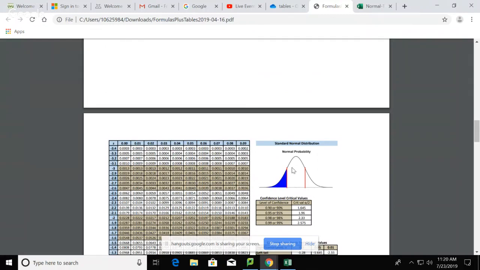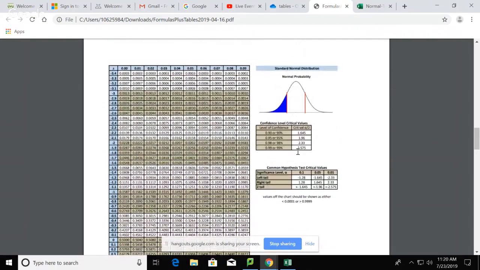I'm shading the area to the left, so what should my p-value be if I'm using the chart? If it's off the chart, you're going to say your p-value is less than 0.0001. This was a good problem we did. I'm glad we did it because usually this doesn't come up in class.